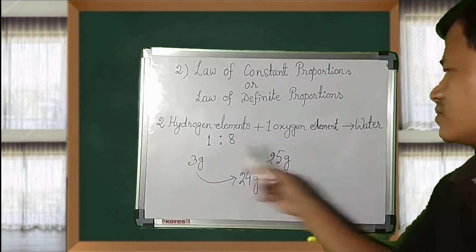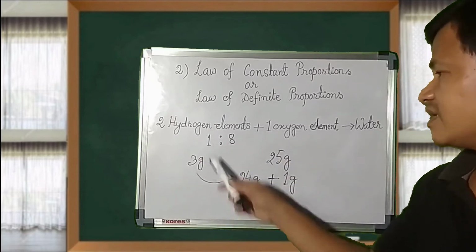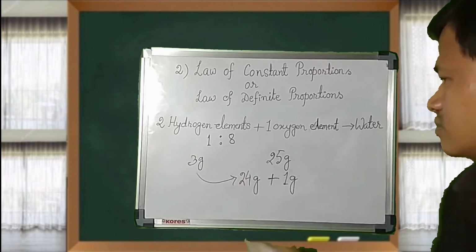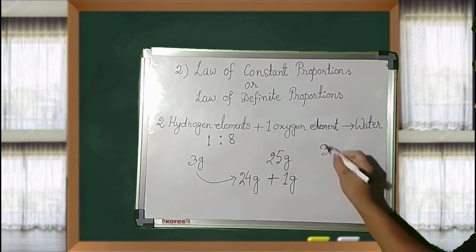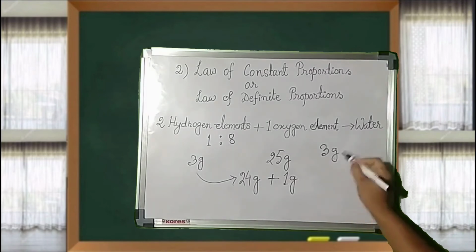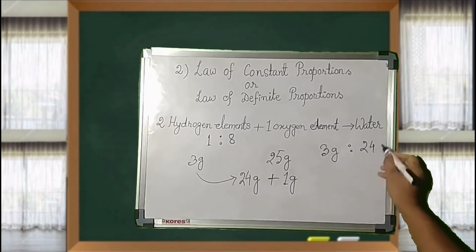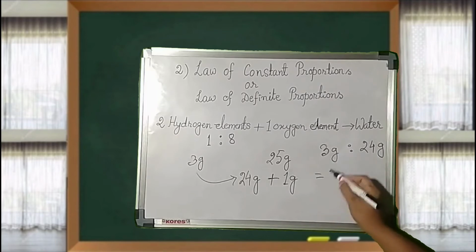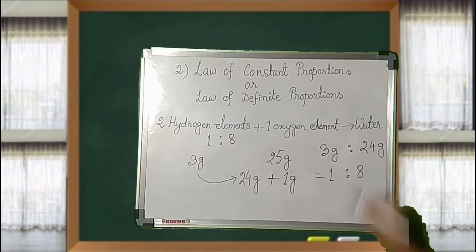Both of these elements always maintain this ratio 1:8. If we find the ratio of 3 grams and 24 grams, then the ratio becomes 3 1s are 3, 3 8s are 24.